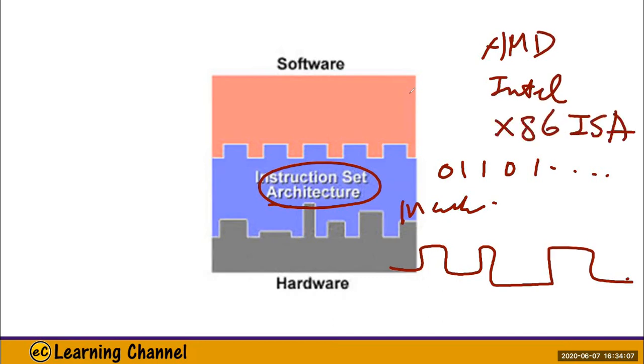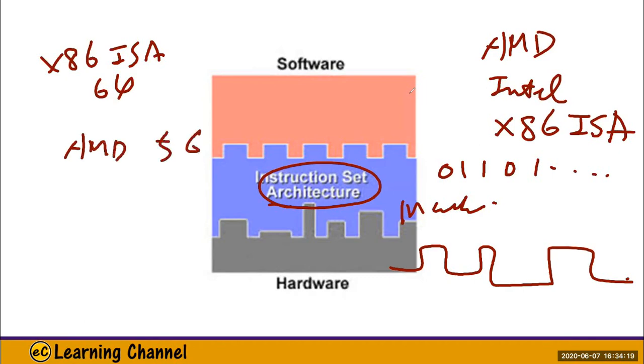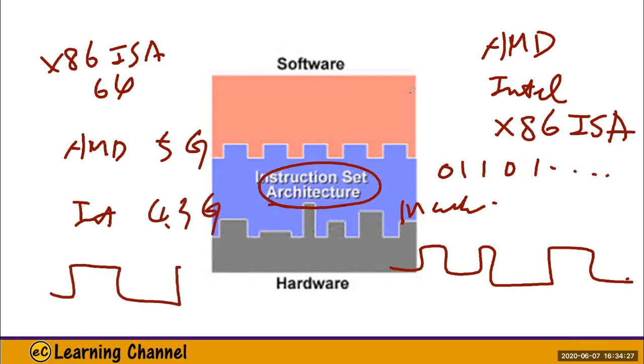Say I have an AMD 64-bit architecture running at 5 gigahertz, and an Intel processor running at 4.3 gigahertz. The two are compatible. One is higher speed, the other slower. Slower means a wider clock period.